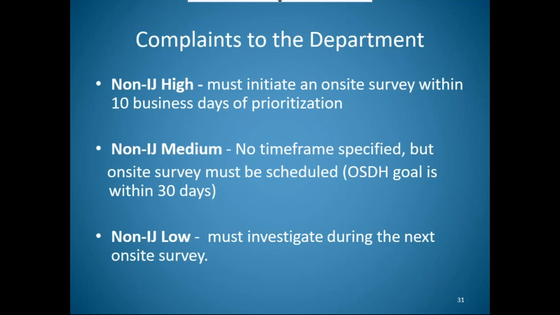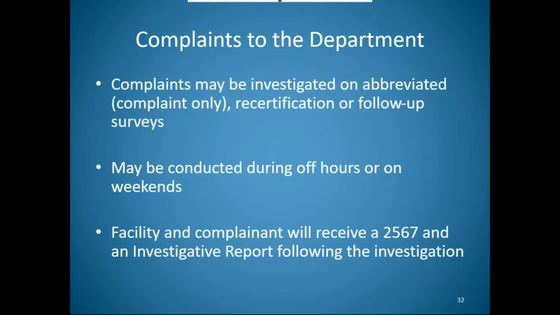A complaint was filed that the lawnmower was being pushed through the hall. So that was a low. As long as that lawnmower wasn't on, there were no problems there.